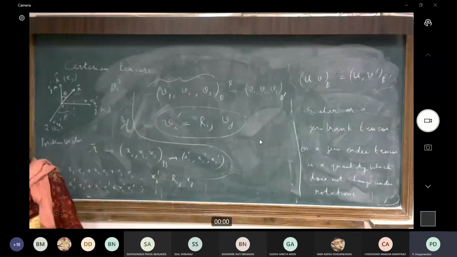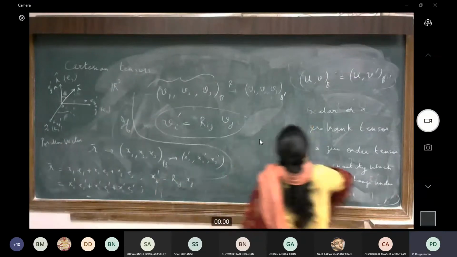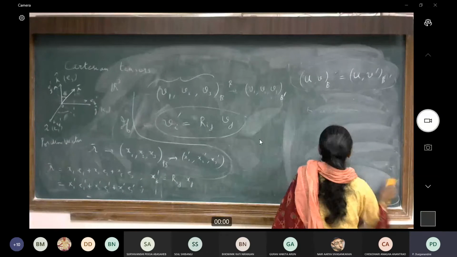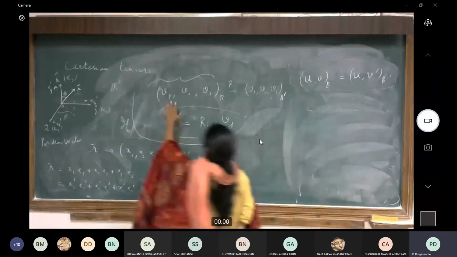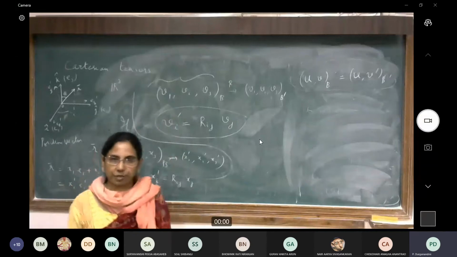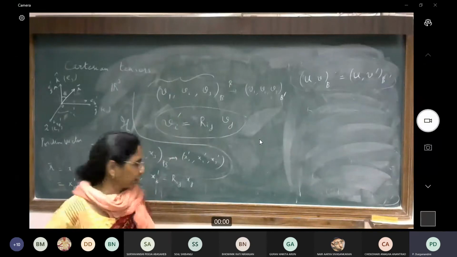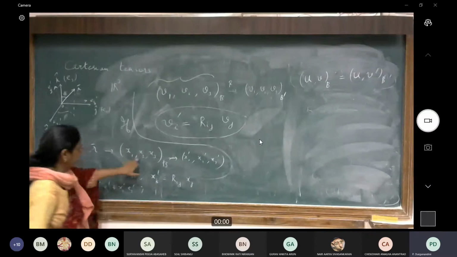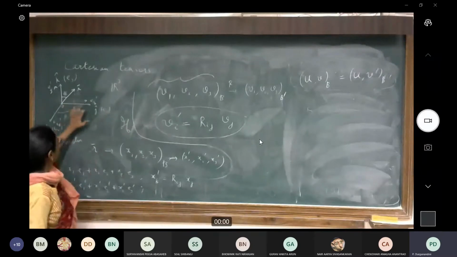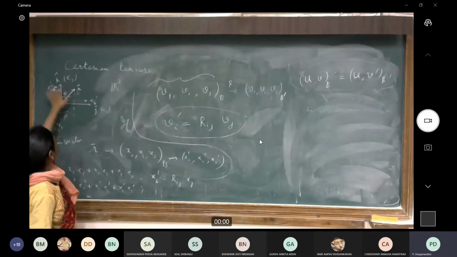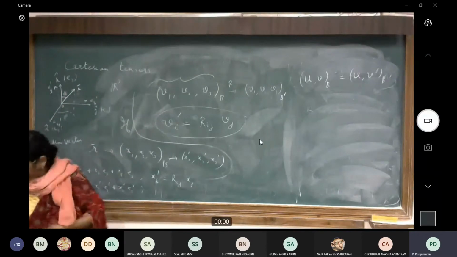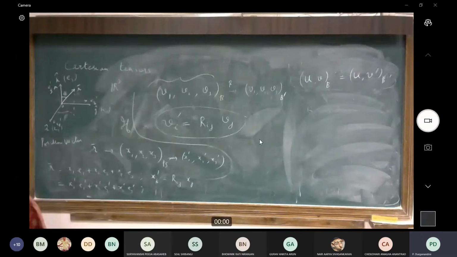Fine. So therefore, your x1, x2, x3 constitute a vector in three-dimensional space. Now, let's consider this combination instead of this. Please remember here I'm just specifying a set of three quantities, and what you want to check is whether that set of three quantities constitutes a vector or not. If I just specify three real numbers x1, x2, x3, where x1, x2, x3 are the components of this position vector along the x1, x2, and x3 axes, then it's obvious that it transforms like the components of a vector.